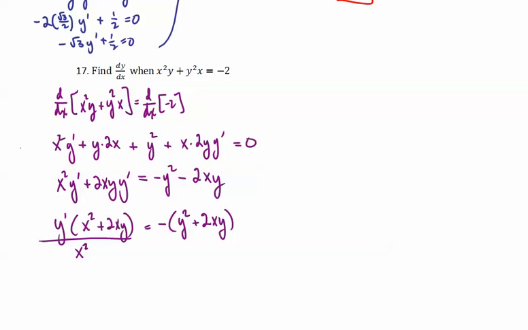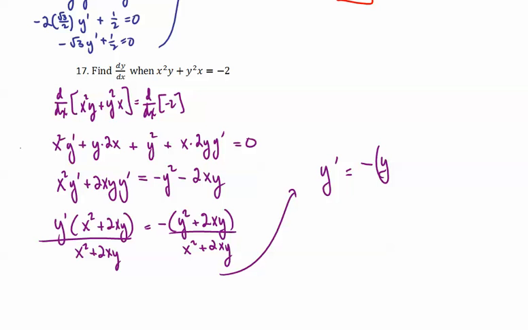Divide both sides by x squared plus 2xy, and finally we get that y prime is equal to negative y times the quantity y squared plus 2xy, all divided by x squared plus 2xy.